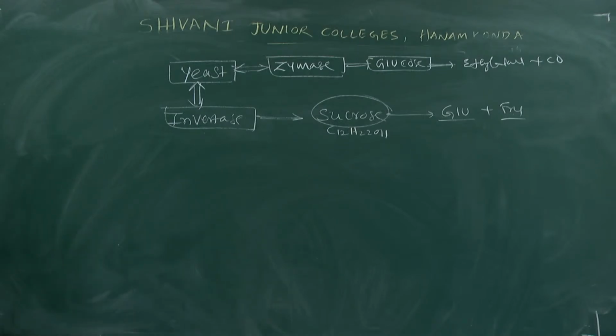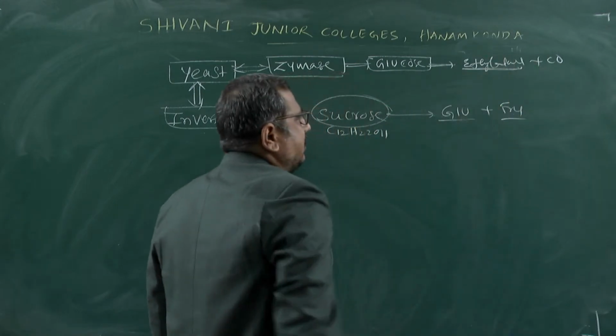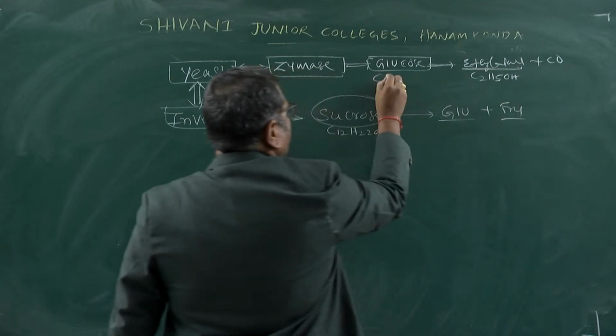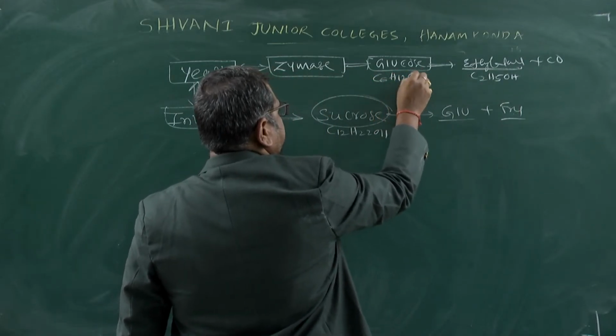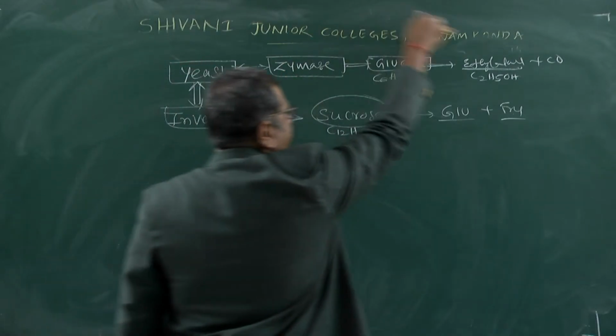The C6H12O6 is converted to ethanol, ethyl alcohol. The formula of ethanol is C2H5OH. Glucose, by using the zymase enzyme, is converted to ethanol.